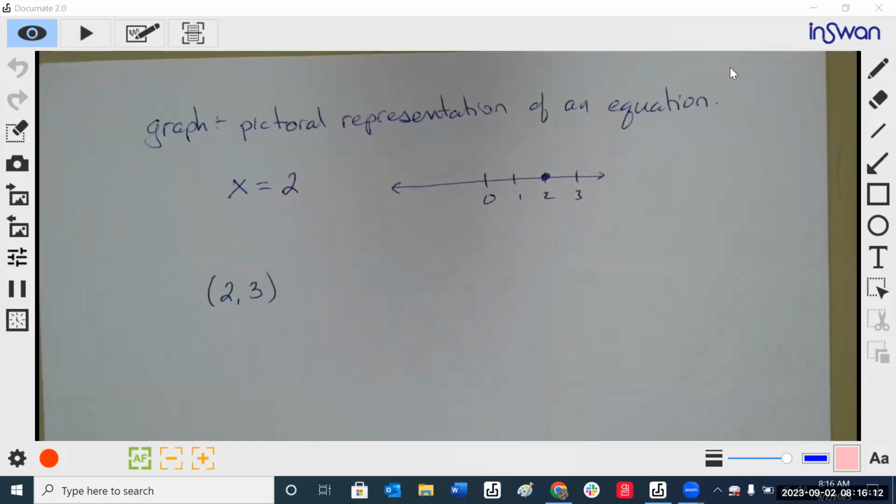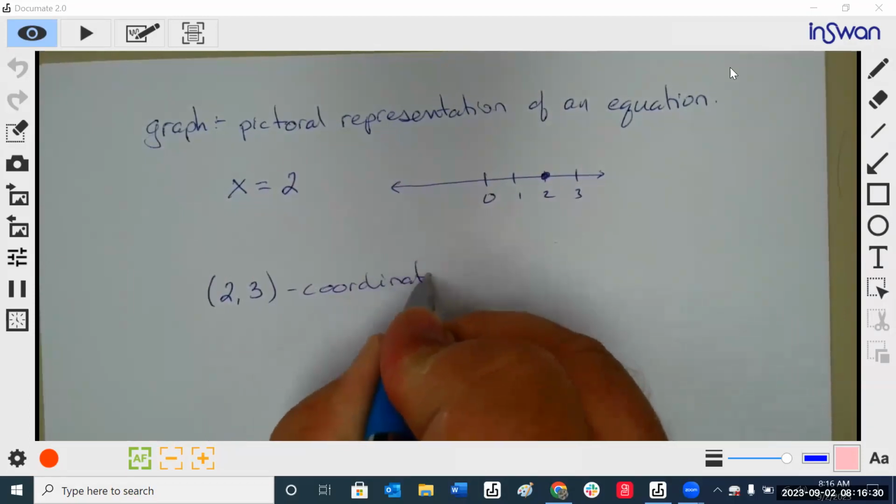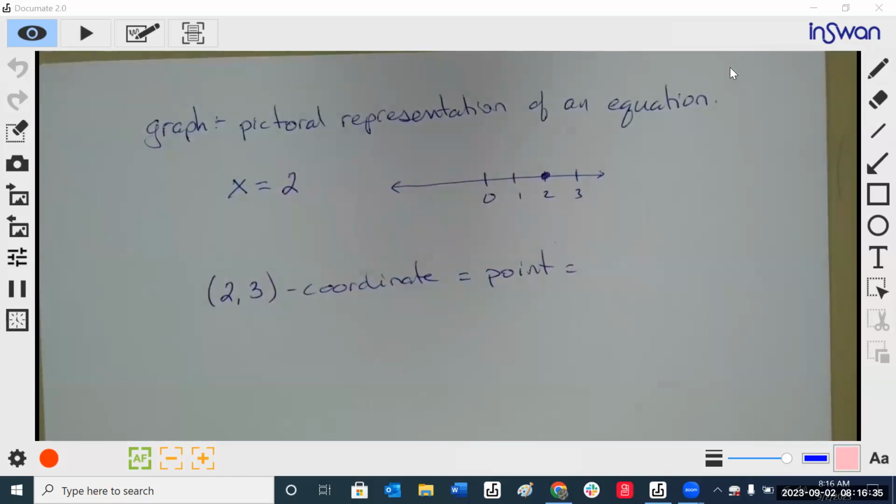If I gave you something like this, what is that called? No, it is a coordinate, but what is it called? It is a coordinate, yes. But what are the other names for it? It's a point. What else?